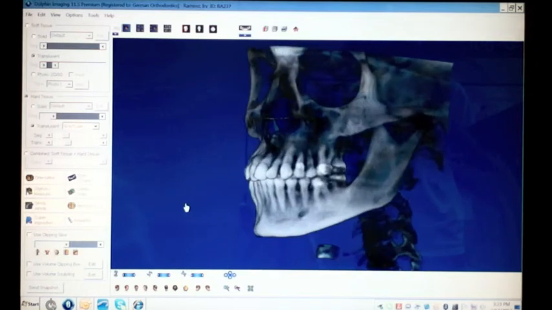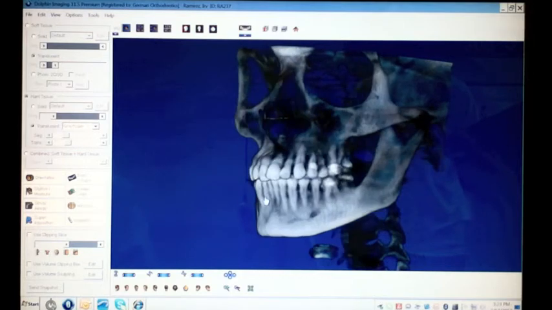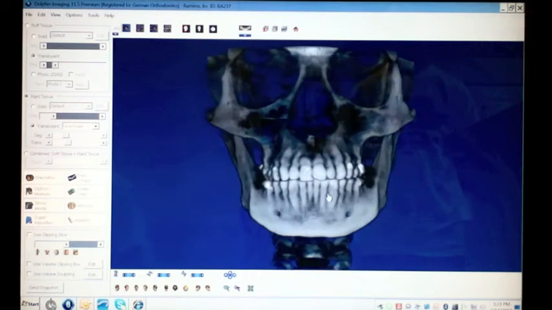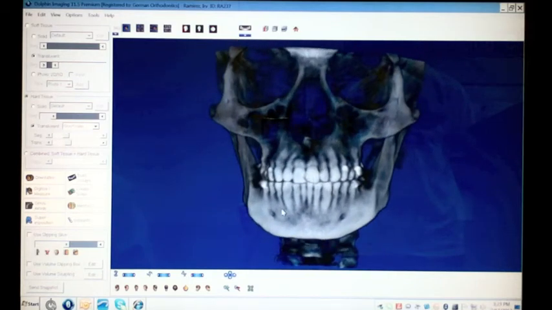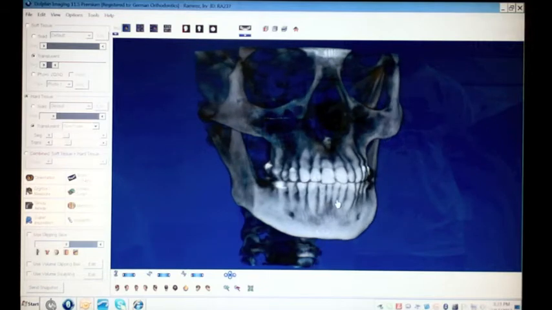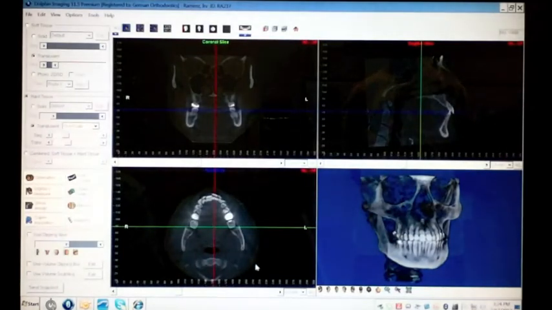Going through the pictures, we're looking for pathology associated with the teeth, and in this particular view I notice that there is some radiopacity in the palate, which we'll look at a little bit closer in the other images.